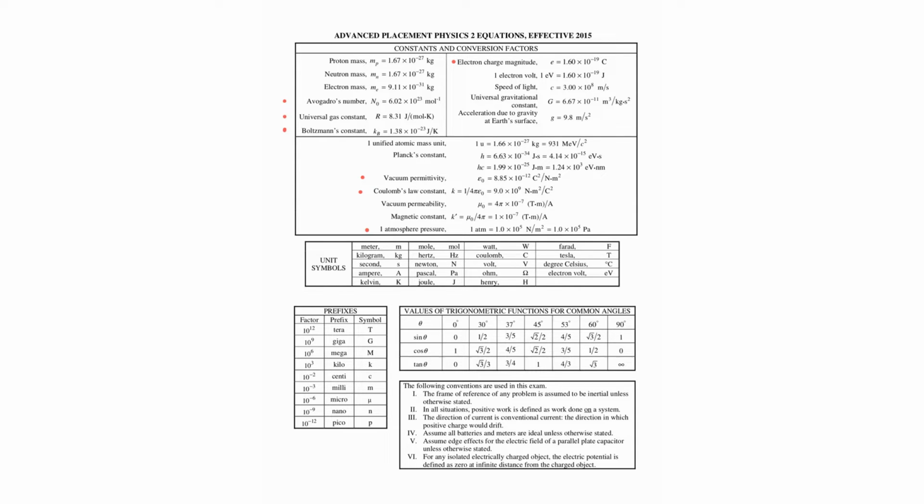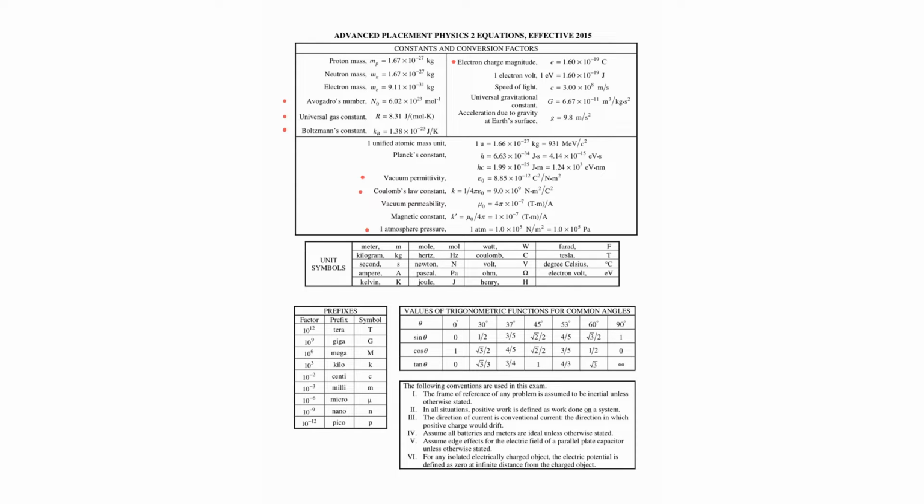The box down below that, which has a bunch of unit symbols, most of these we should have memorized by now. There's a few in there that we haven't talked about yet, but things like meters, kilograms, seconds, amperes, Kelvin, should all be well known at this point.